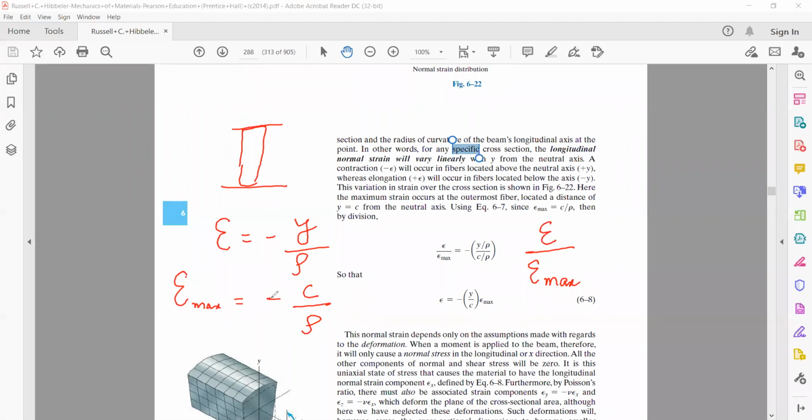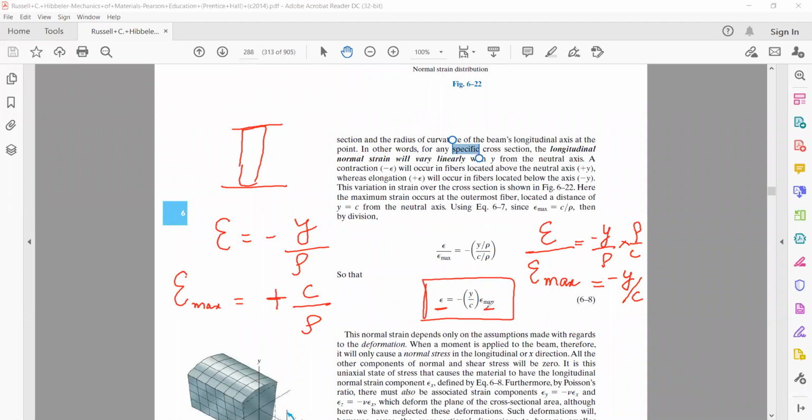That is, if we take the positive of this, you are free enough to do it, then epsilon by epsilon max becomes equal to minus y by rho divided by C by rho, that is rho by C. That becomes equal to minus y by C, that is this formula. This formula gives us the relationship between the strain and the maximum strain in the beam.